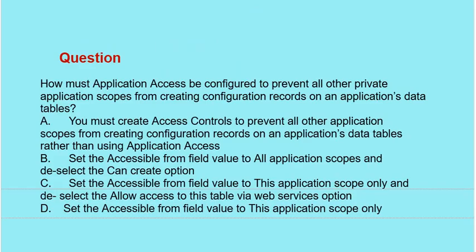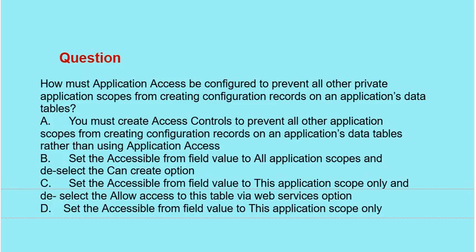Question is, how must application access be configured to prevent all other private application scopes from creating configuration records on an application's data tables? Option A, you must create access controls to prevent all other application scopes from creating configuration records on an application's data tables rather than using application access.